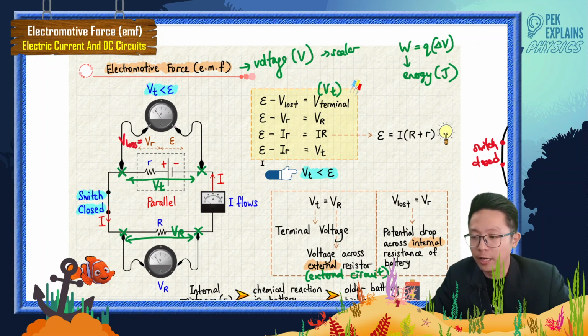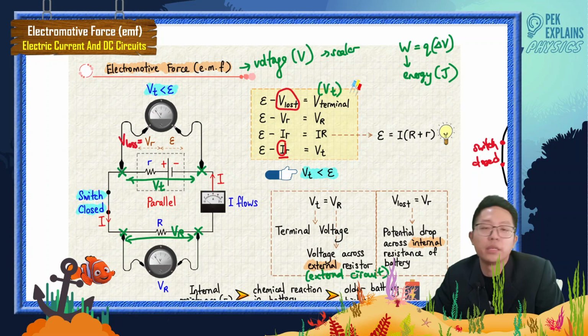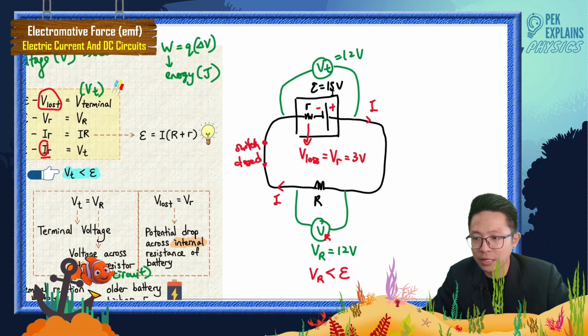All right. Why, when you close the switch, do you get the terminal voltage less than the EMF? Because you have current. When you have current, you have voltage loss across the internal resistor. So it becomes like the situation just now.